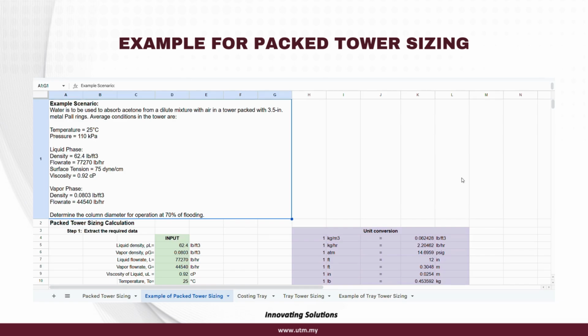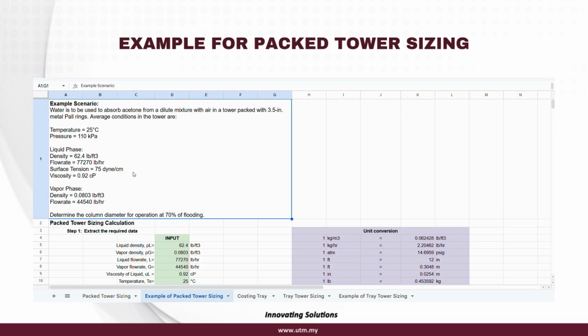Now let us try an example scenario. Water is to be used to absorb acetone from a dilute mixture with air in a tower packed with 3.5 inch metal Pall rings. Average conditions in the tower are 25 degrees Celsius and 110 kilopascal. In the liquid phase, the density is 62.4 pounds per cubic foot with a flow rate of 77,270 pounds per hour, 75 dyne per cm of surface tension and 0.92 cP of viscosity.